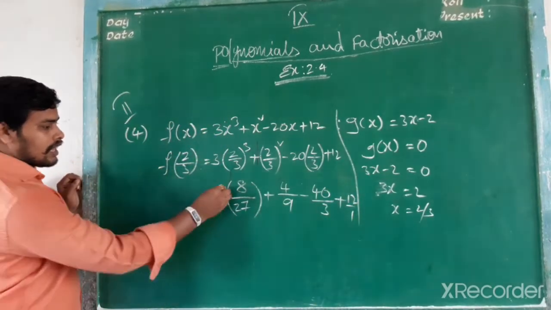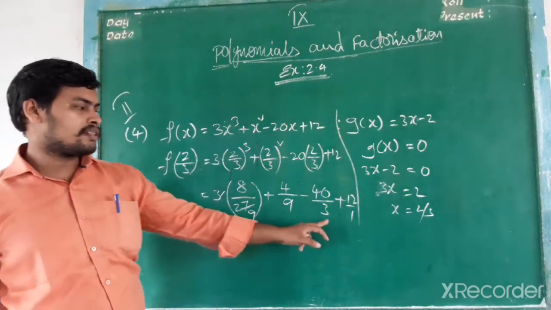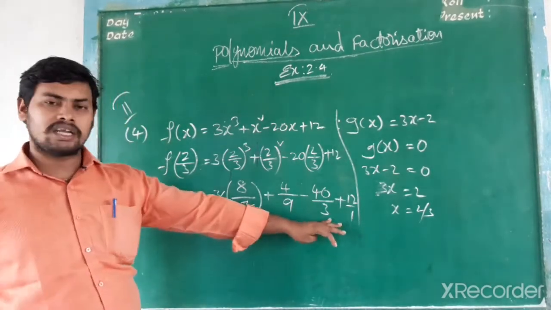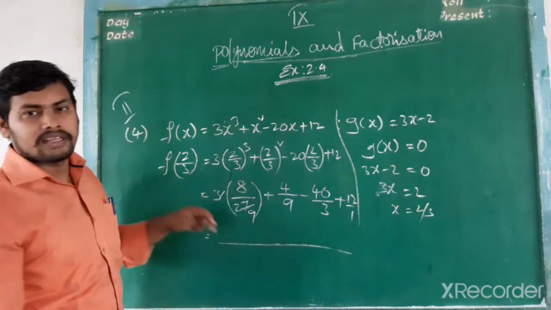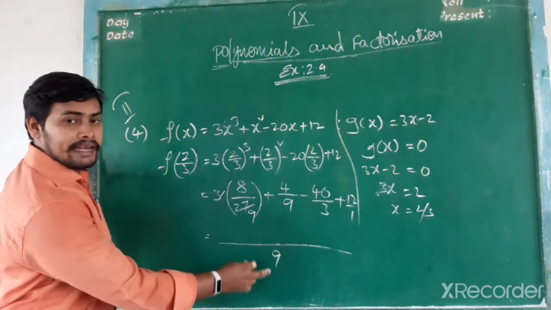Cancel 3 and 27, 9 times. So the LCM of 9, 9, 3, 1 is obviously 9, because 3 is divisible into 9. So the LCM is 9.